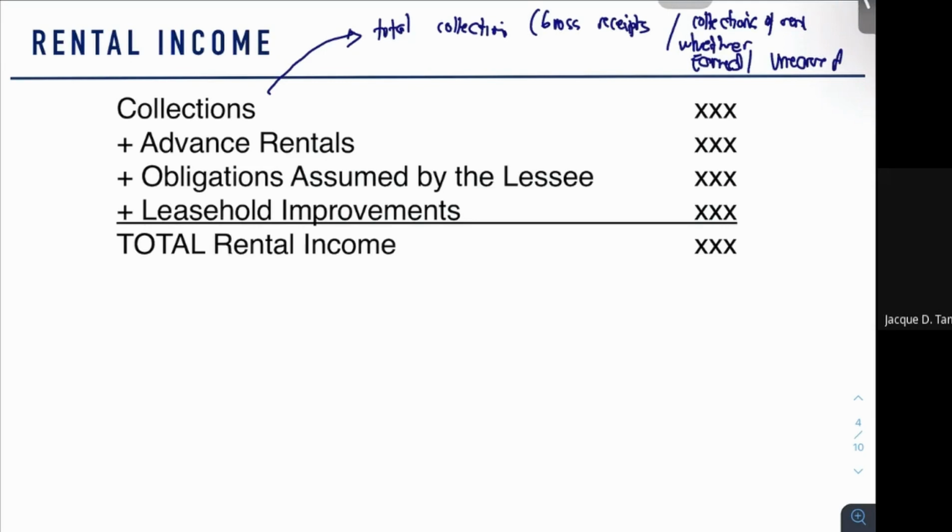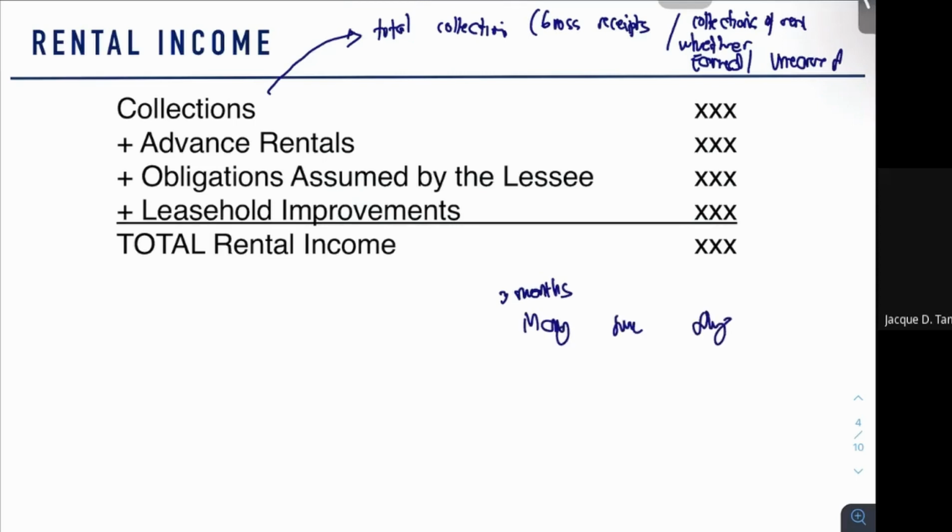What do we mean by total collection of rent, whether earned or unearned? It means that whether or not you have already used that rent, it will be considered a collection. For example, you paid 3 months rent: May, June, July.